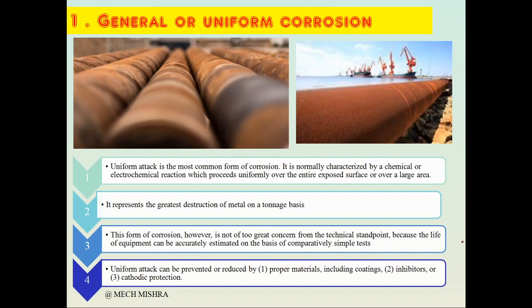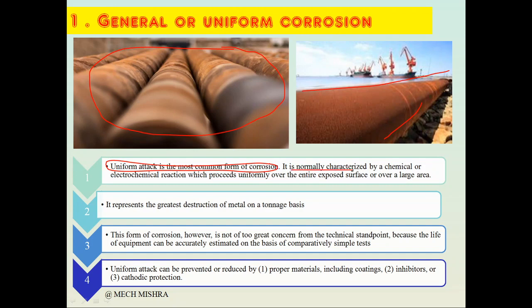Here first is a very basic form of corrosion, that is general corrosion or uniform corrosion. As you can see from the picture, it's uniformly distributed along the surface. Uniform attack, or uniform corrosion, is the most common form of corrosion, so we can see it everywhere.